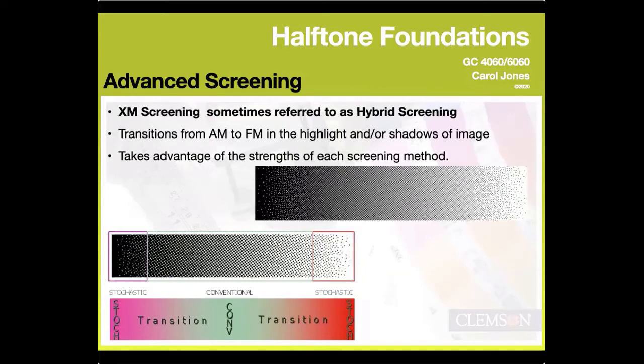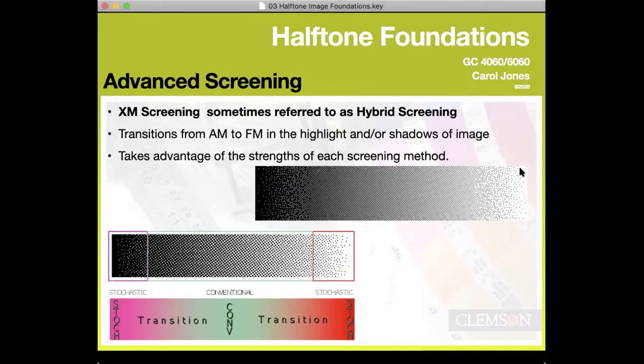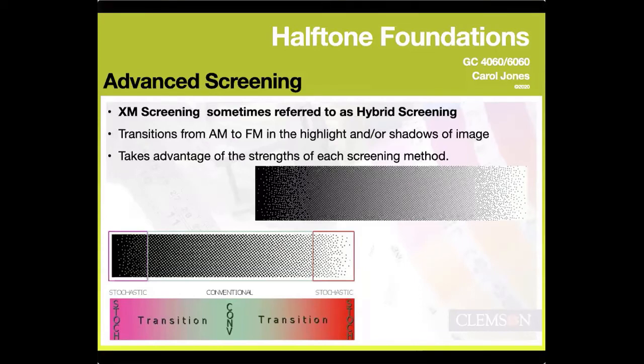But then you might move on to something like corrugated, and you might have to print such a large dot that in any kind of XM screening like this you might just run into some really bizarre looking images.